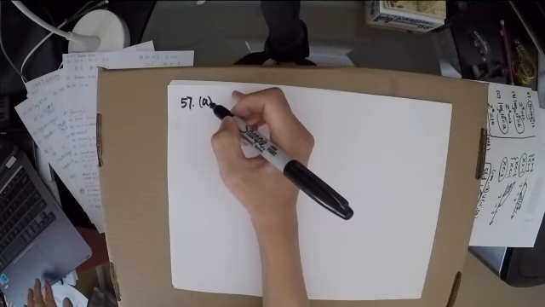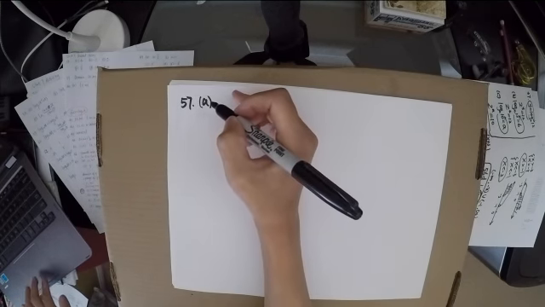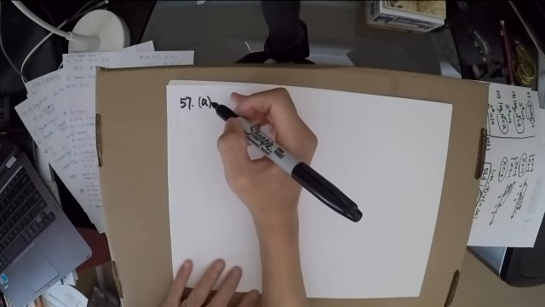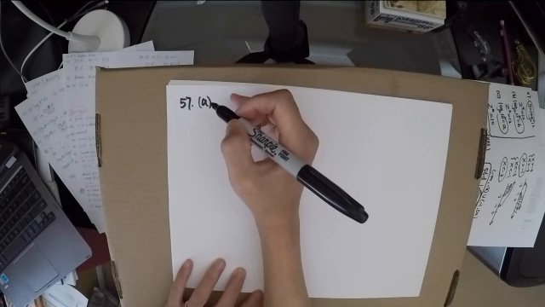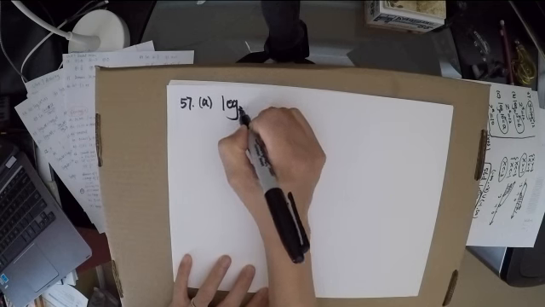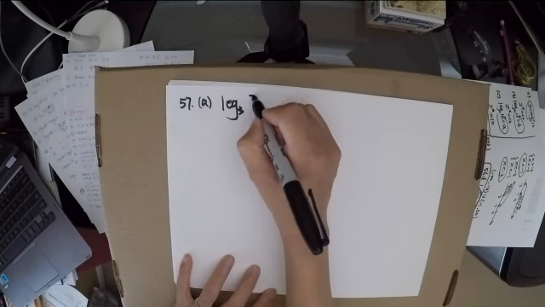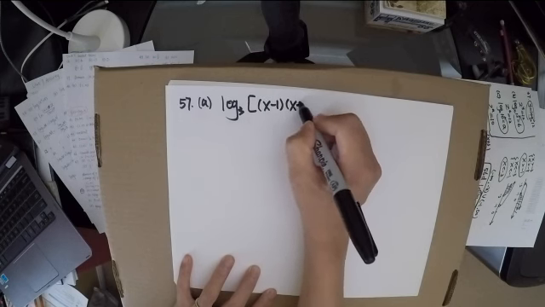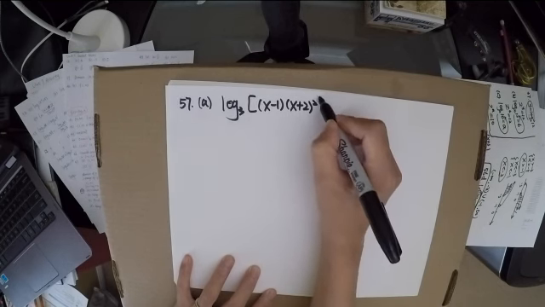Let me take a look. 57 says write each expression as a sum or difference of logarithms. So for the A, we were given a logarithm base 3, then we have x minus 1 times x plus 2 squared.